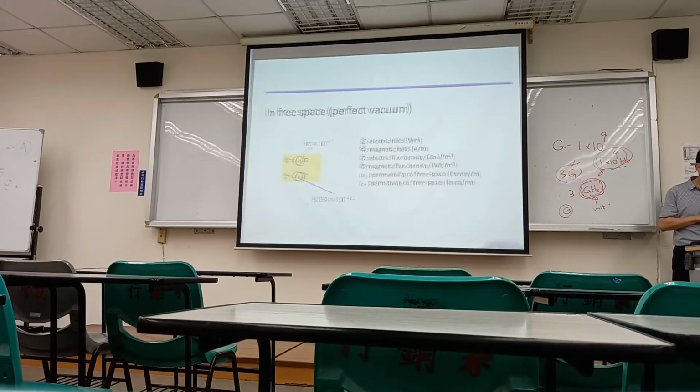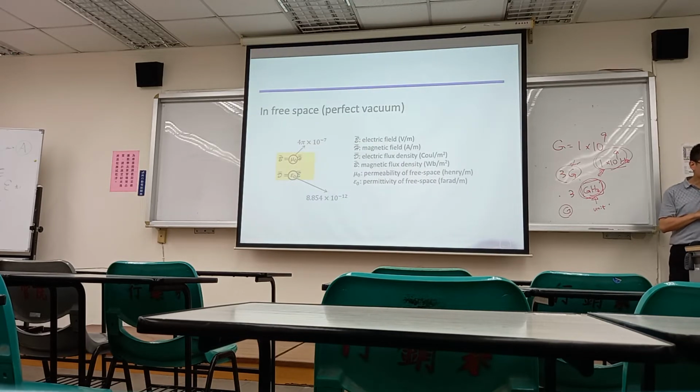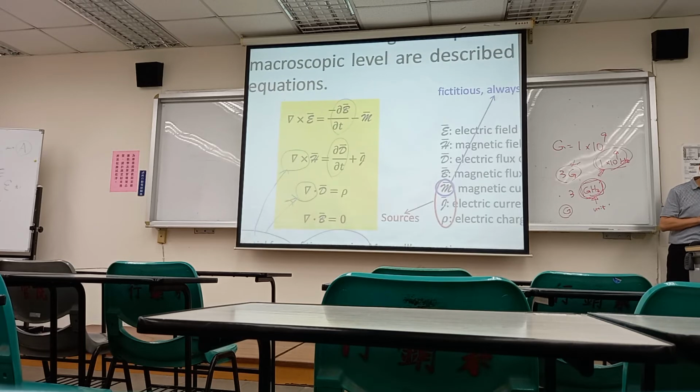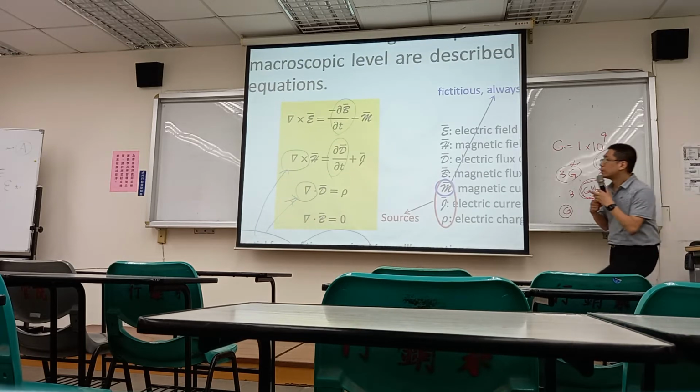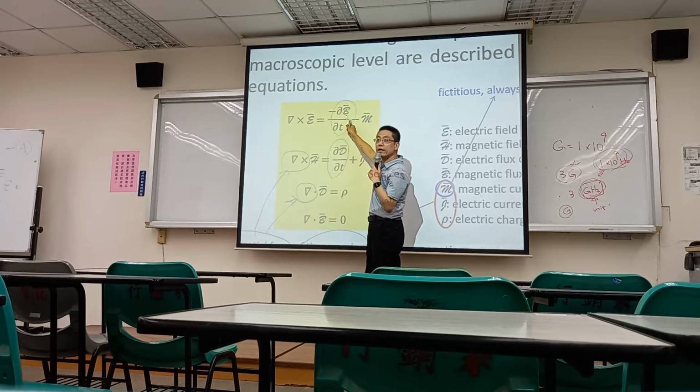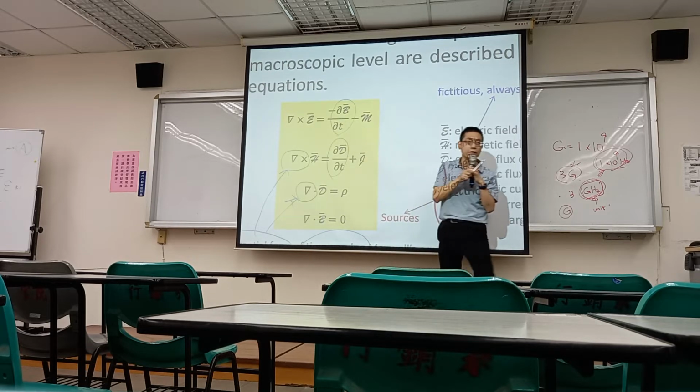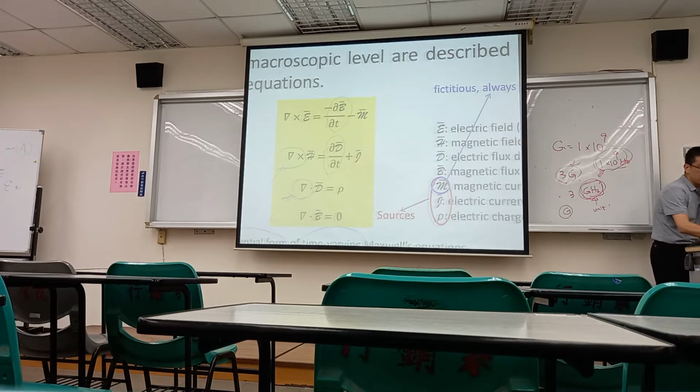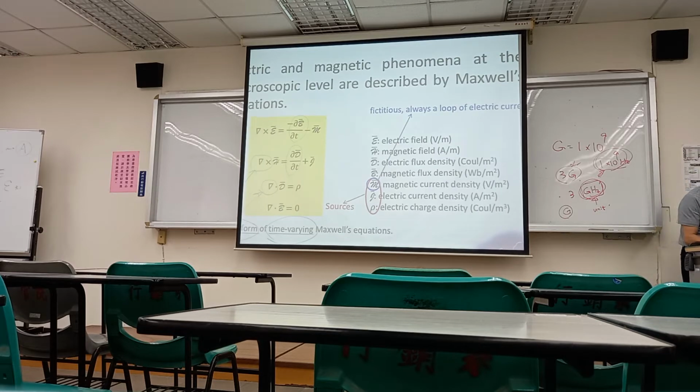So, okay. When I say B here, it is related to the magnetic field. I said that, right? Because the definition of B is what? It is the magnetic flux density.